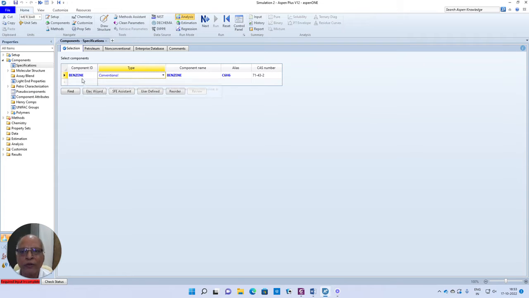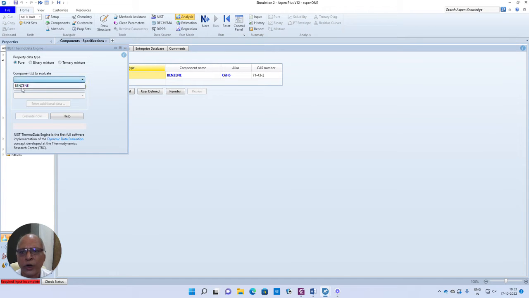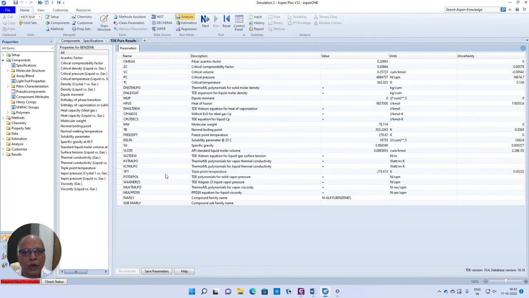So if you want to retrieve the properties from the database of ASPEN regarding this particular component, you can go to NIST thermodynamic engine, click on this, select the component that you want, and then say evaluate. Now you can see various properties tabulated in the database as far as this compound is concerned.